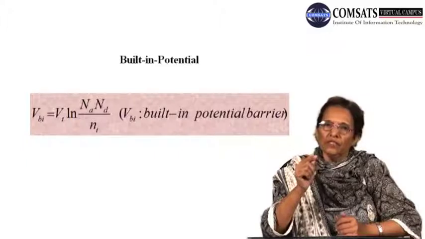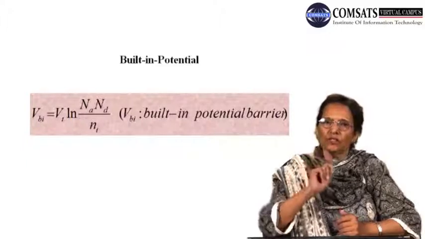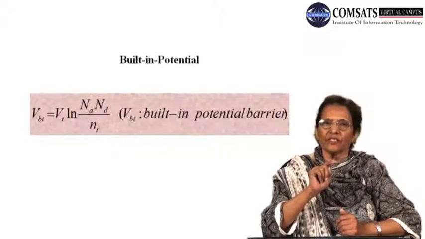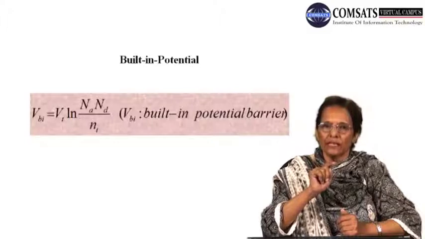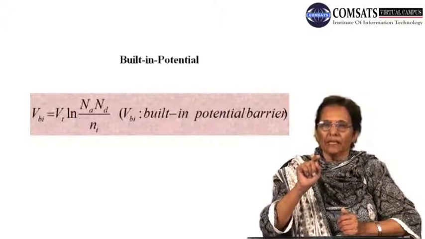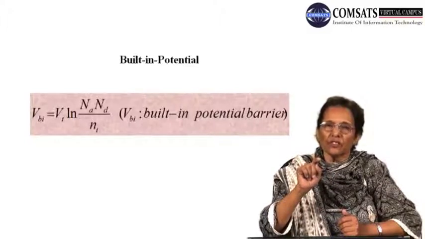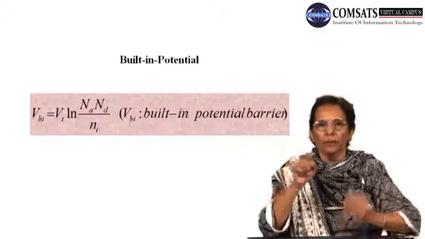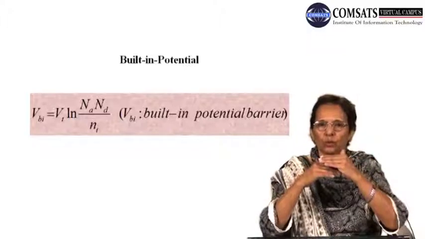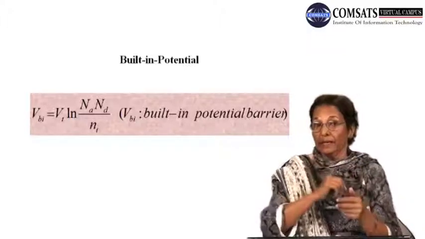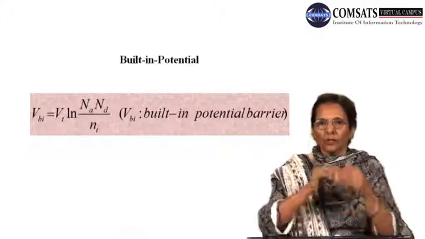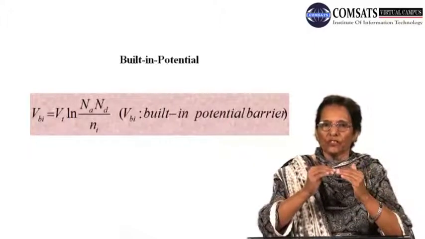So in intrinsic material, we will use the subscript I. Ni, the intrinsic carrier concentration of electrons, dot Pi, the intrinsic carrier concentration of holes, must be equal to Ni square, because Ni must be equal to Pi in an undoped or intrinsic semiconductor material. So this is the famous law of mass action.